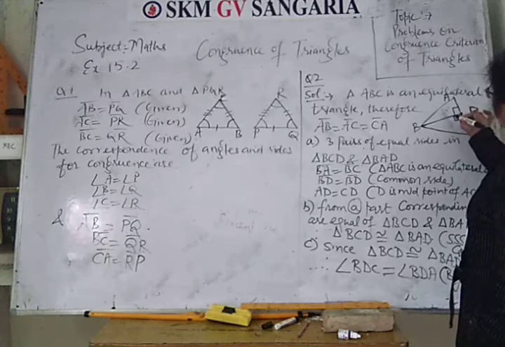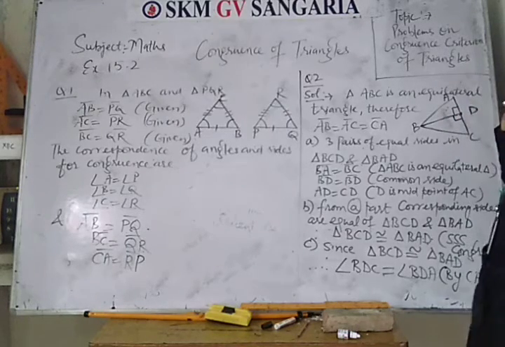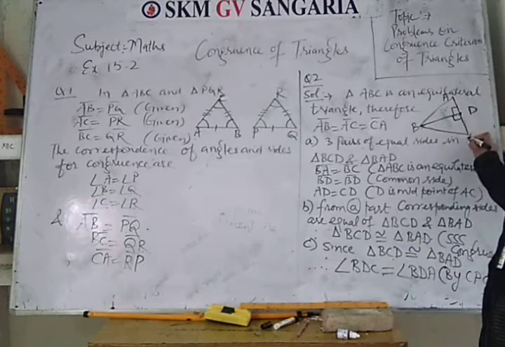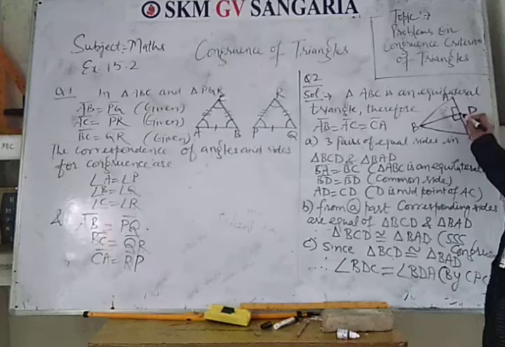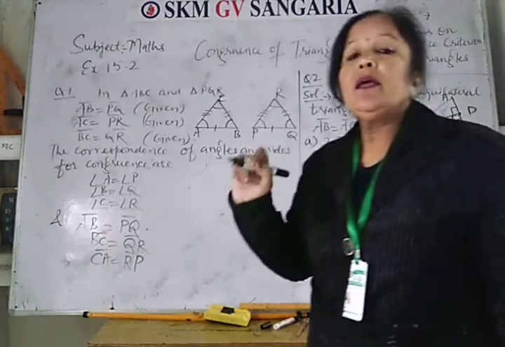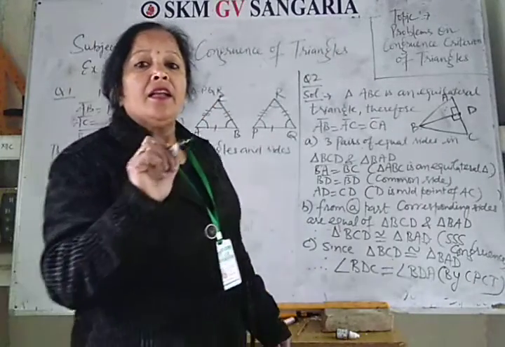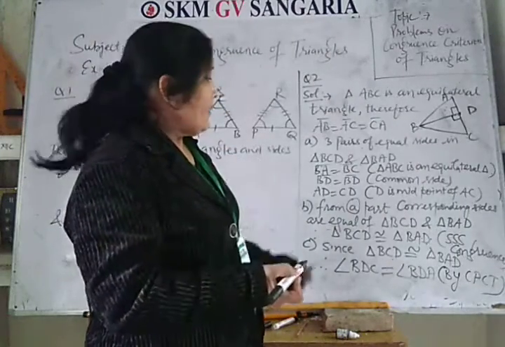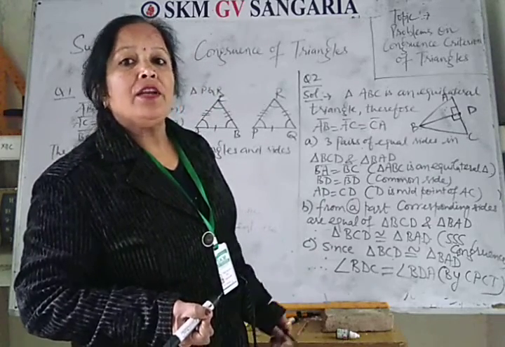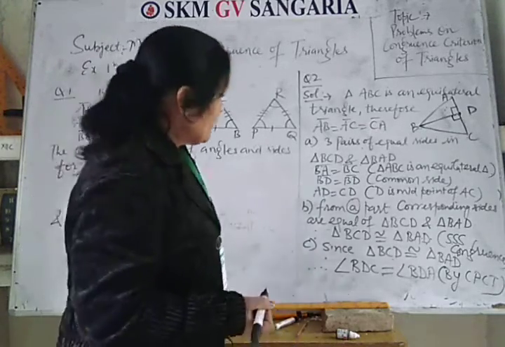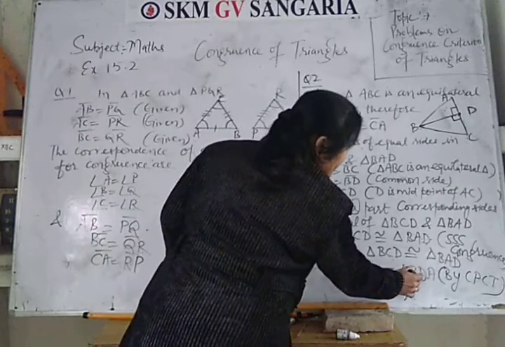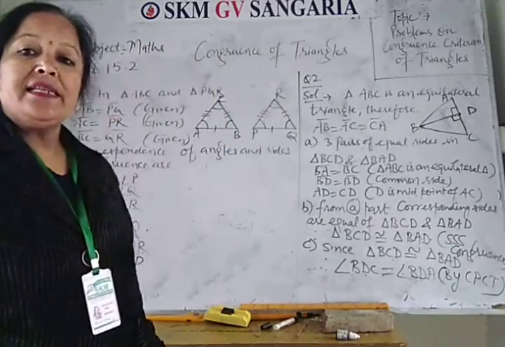So, we have proved that triangles BCD and BAD are both congruent, then their corresponding angles will also be equal. So angle BDC will be equal to angle BDA by CPCT.